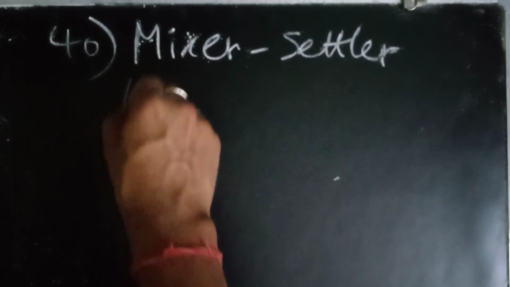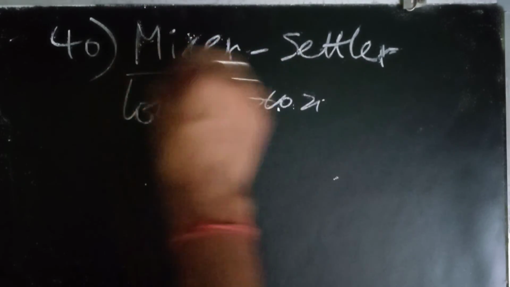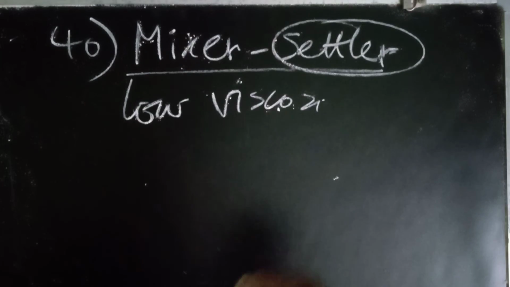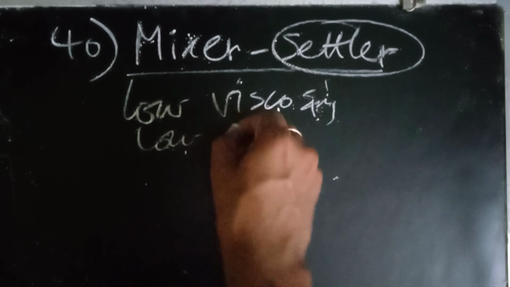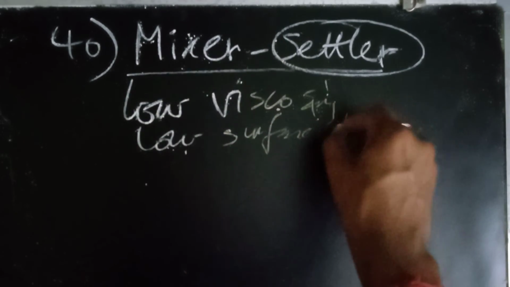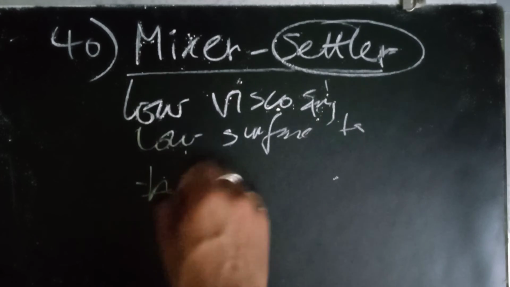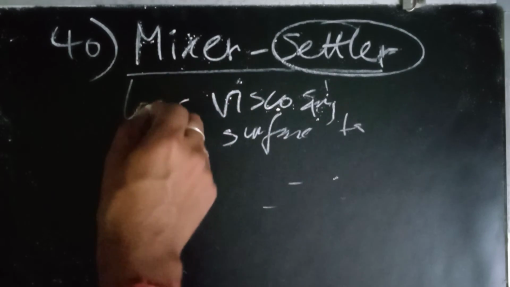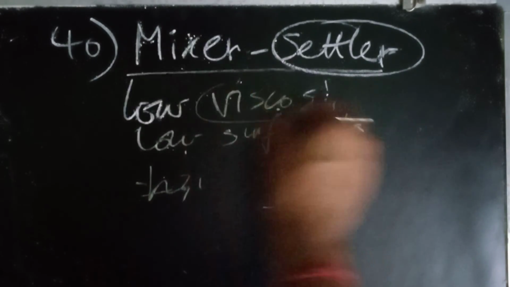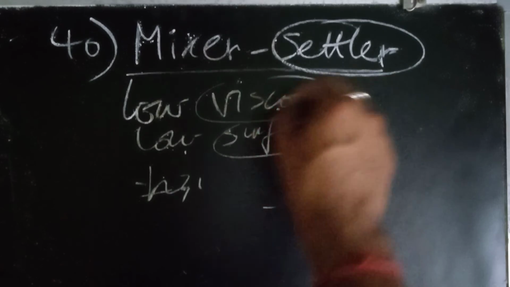The 40 questions were mixer settler, where it was given that if we want a low viscosity fluid in a mixer settler, the settling of the phases will be faster if we have low viscosity, low surface tension, or high viscosity, high surface tension, or low viscosity, high surface tension, or high viscosity, low surface tension. So viscosity and surface tension, what will they be? High or low.